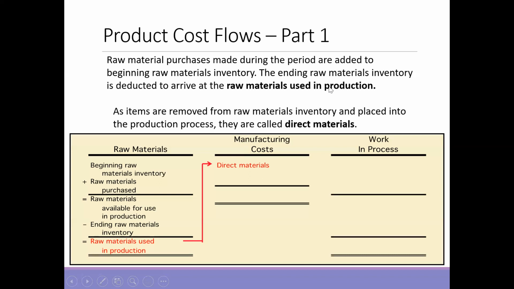So basically what they're saying is you take all the raw materials available, but what's left in raw materials at the end of the period, obviously everything else got transferred to raw materials used in production. Okay. Then we've got, as items are removed from raw materials, they get placed into the manufacturing costs. So our materials get transferred into our manufacturing costs.